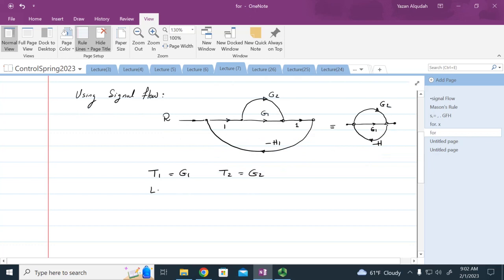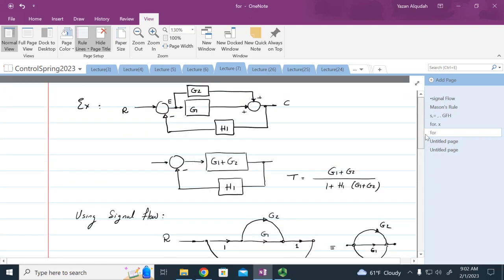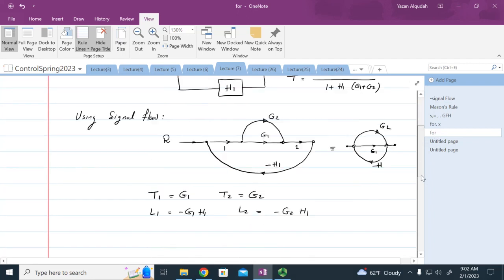How many loops do we have? Two. Negative G1 multiplied by H1, and the second loop, negative G2 multiplied by H1, sorry. Are these loops touching or not touching? Touching. And again, you can see it here. They're all touching, with H1 coming to both of them.